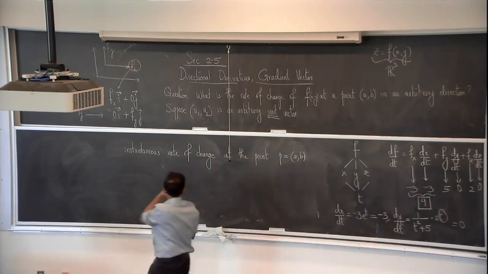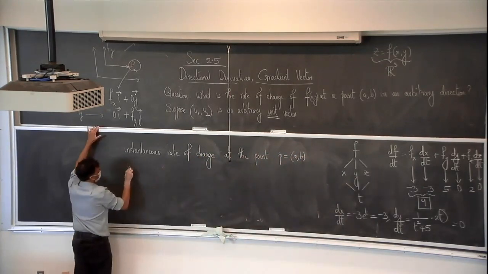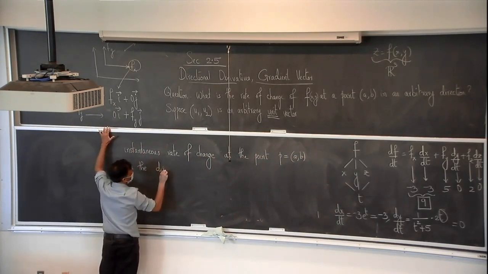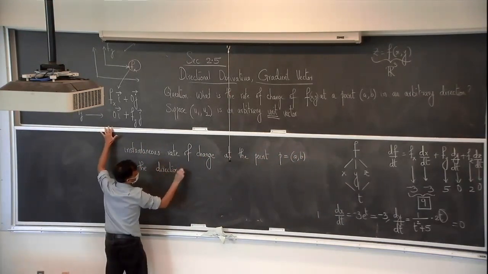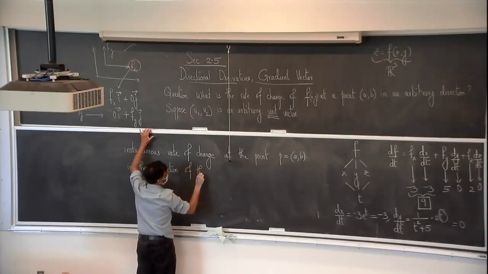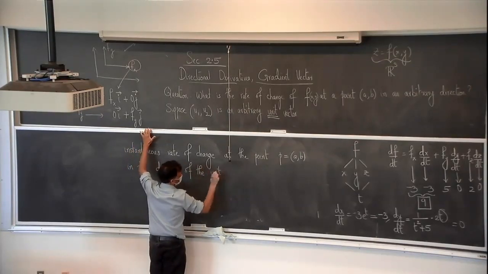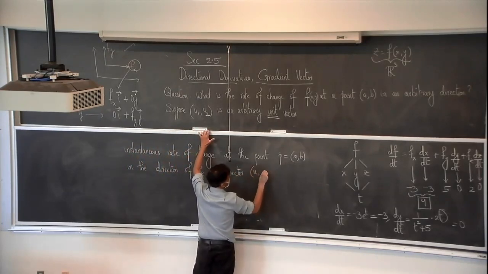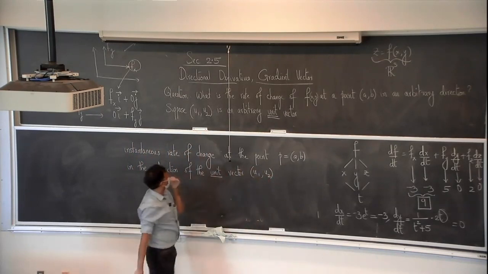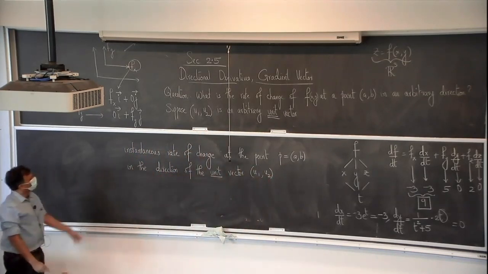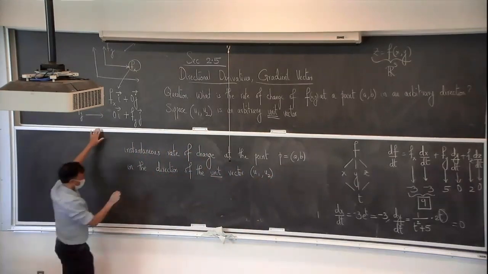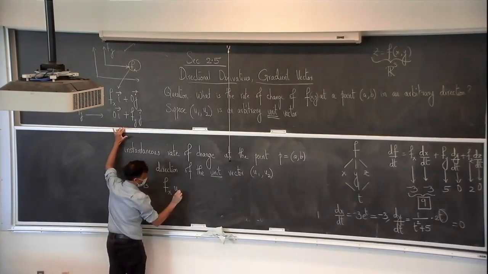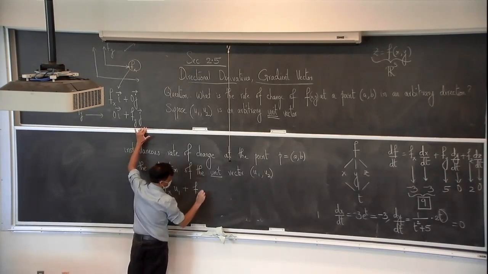At the point P equal to AB, in the direction of this unit vector u1, u2, for that function f of xy, it is given by partial fx times u1 plus partial fy times u2.